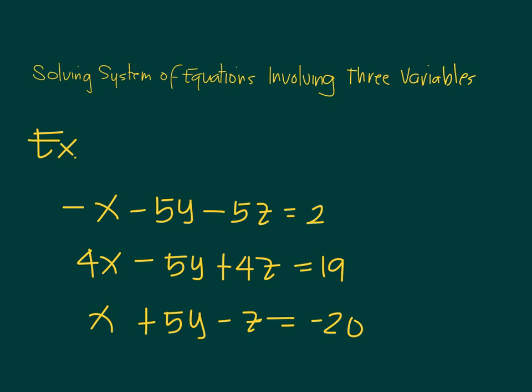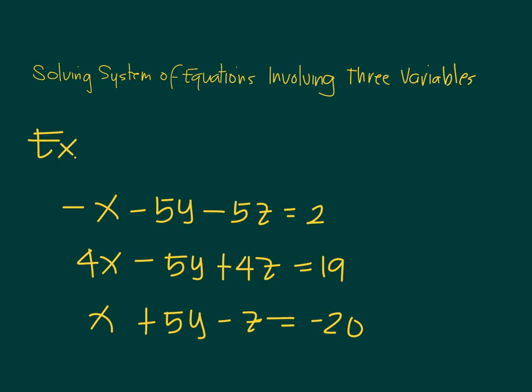In this case, the easiest variable to eliminate is the y. But that doesn't mean you cannot choose the x or the z. You can actually eliminate x and z as well, but if we want the easiest variable to eliminate, it has to be the y in this case. So how do we proceed with eliminating the y?